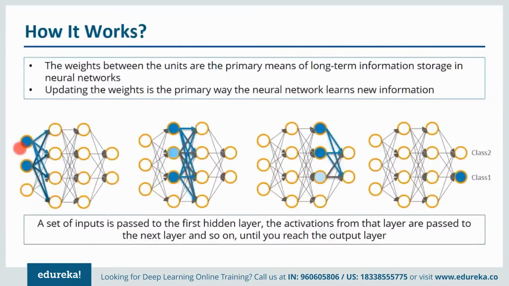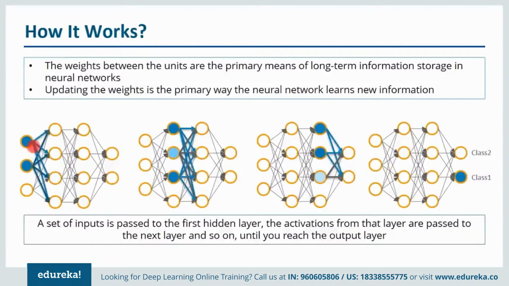Now a set of inputs is passed to the input layer and the output of this layer is passed to the first hidden layer. Then after the activation function of the first hidden layer, the output is passed to the next hidden layer as input, and similarly finally we get the output. Now you must be thinking how the model learns from here. Basically the model learns by updating the weights, and the algorithm it uses is called backpropagation, which helps the model update the weights in order to increase efficiency.